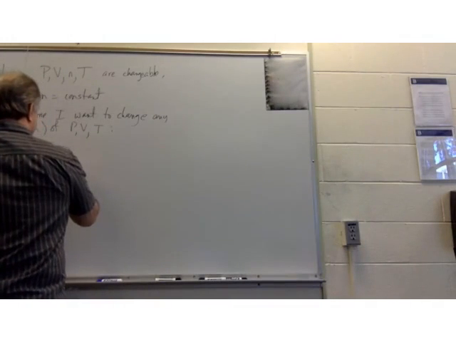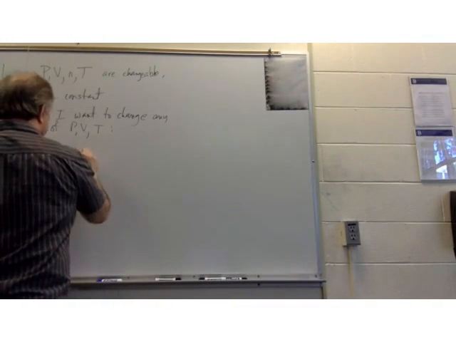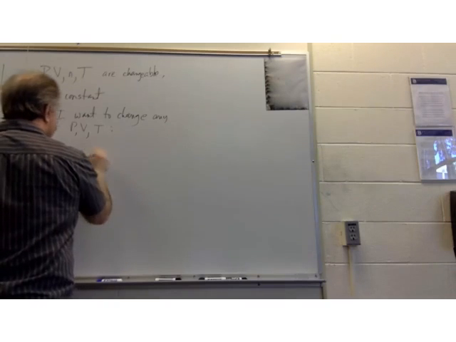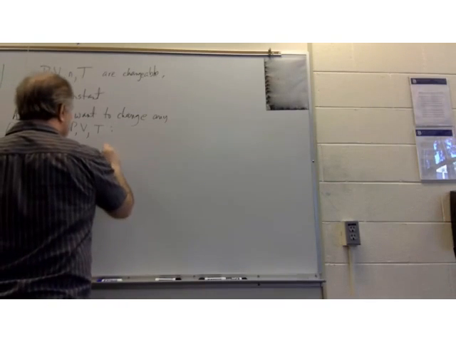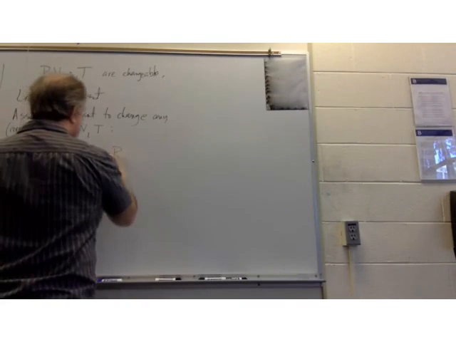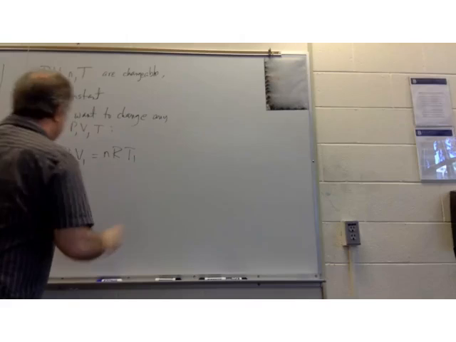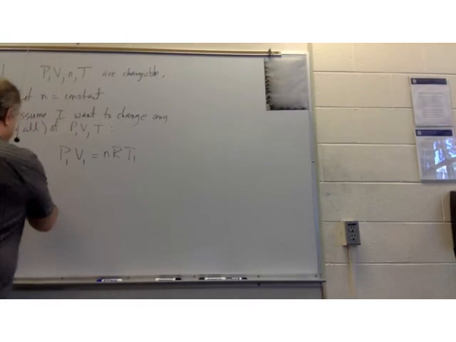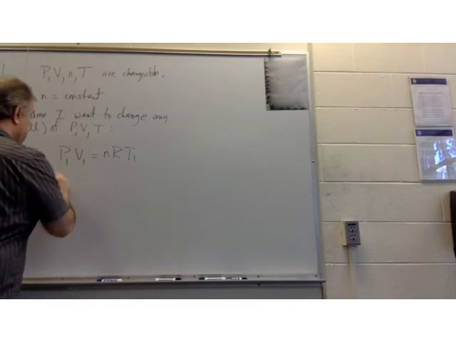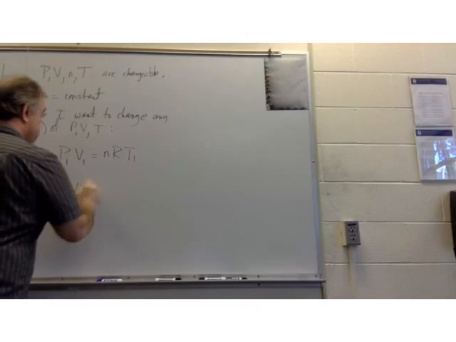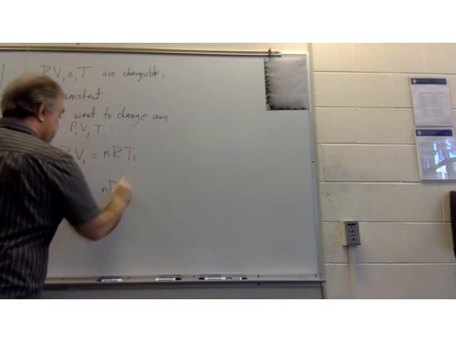Well, before I start fiddling around, the relationship is P1V1 is equal to N times R times T1. Remember, we're assuming that N is going to be constant. And after I have finished doing whatever it is I'm going to do, this relationship also holds. Remember, R, of course, is a constant.